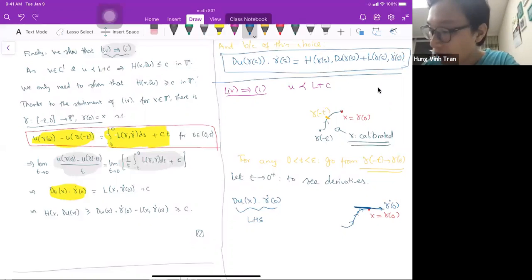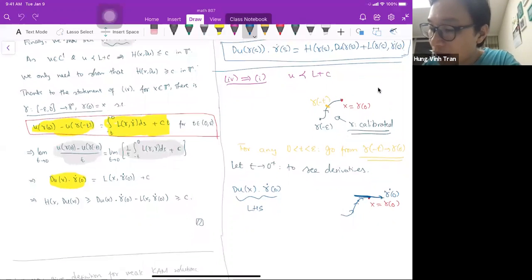On the right, you are just using the mean value theorem, so this equals L of gamma s, gamma dot of s plus c for some s between minus t and 0, and when you let t go to 0, gamma s converges to x.